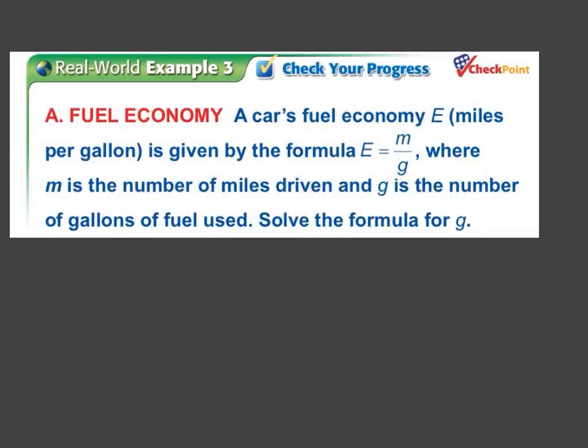Now let's take the same equation and let's solve it for g. So if you start out with your formula, E equals m divided by g, and you need to get the g by itself, you've got a couple of different options.